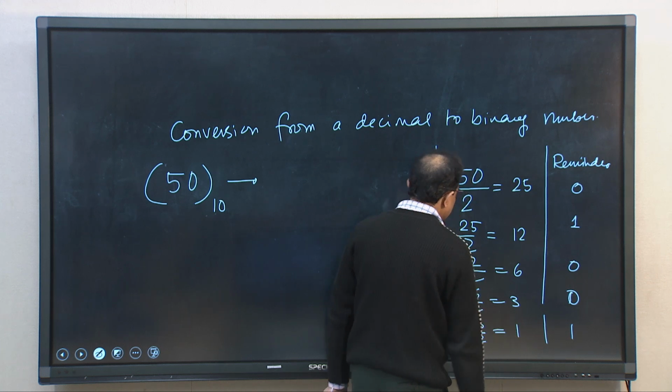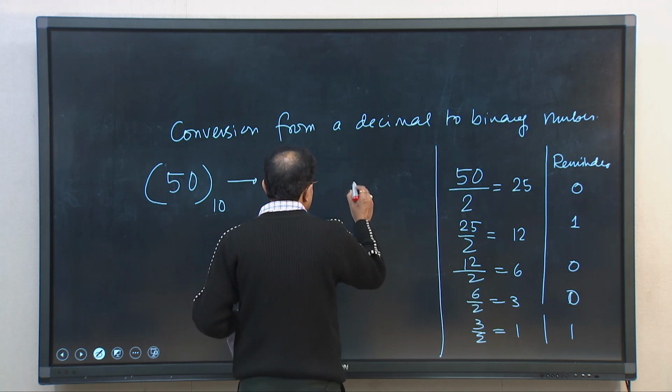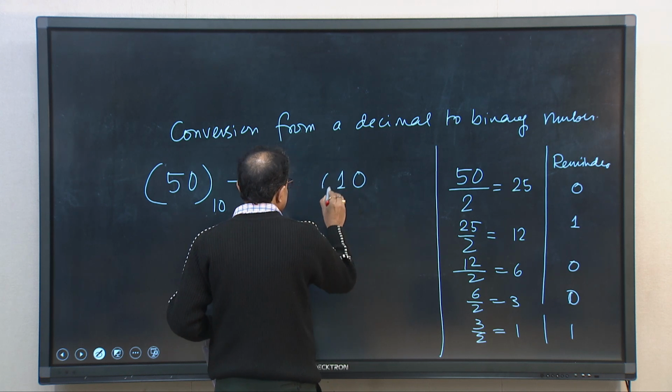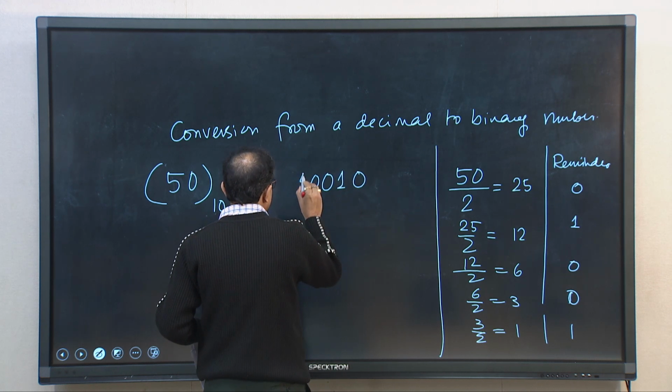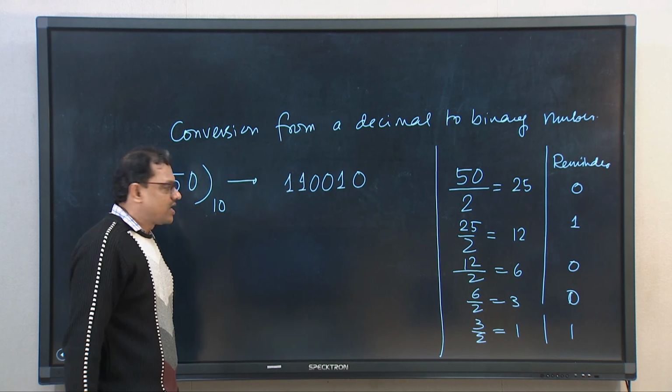So, essentially if we write this, remainder 0, then 1 0 0 1, and then this is 1, because it is base 2.